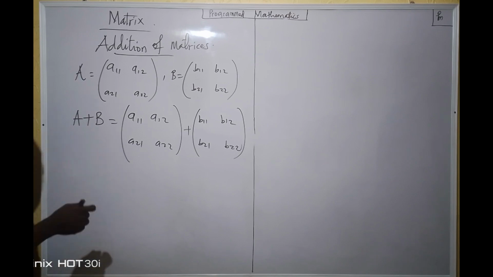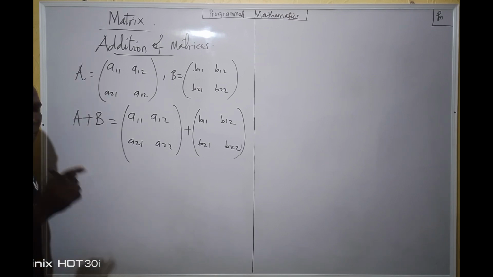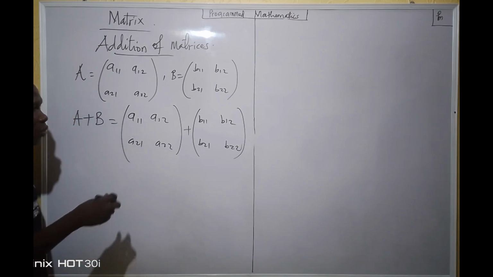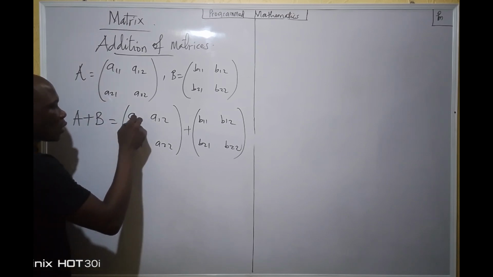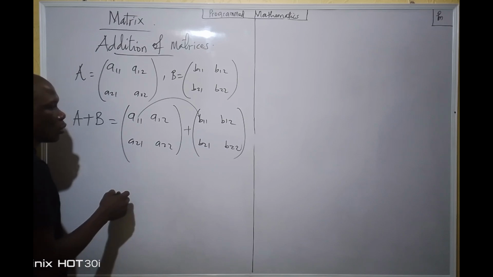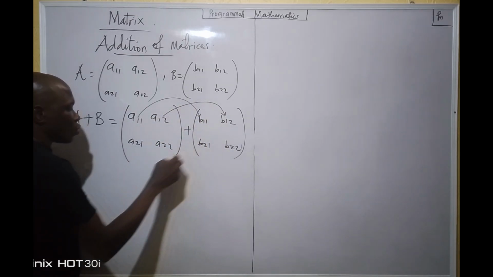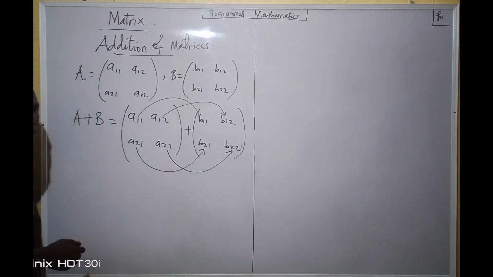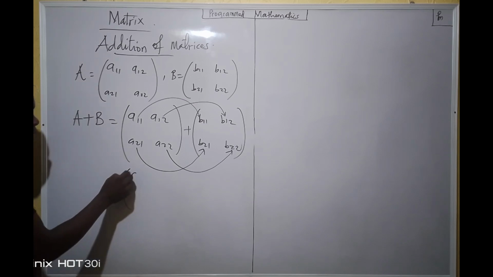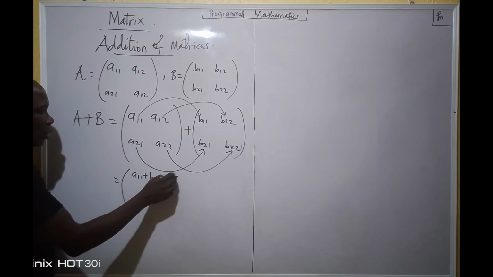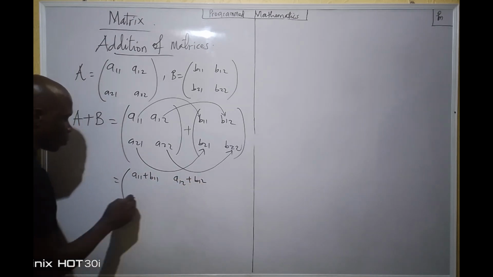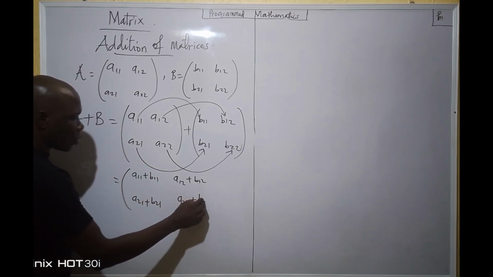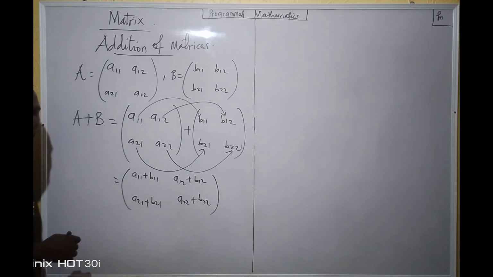Whenever you have to add any two or three matrices together, you add them according to the location of each element. So A11 is added to B11, A12 is added to B12, A21 is added to B21, and A22 is added to B22. That means we have A11 plus B11, A12 plus B12, A21 plus B21, and A22 plus B22. So these matrices are added together.